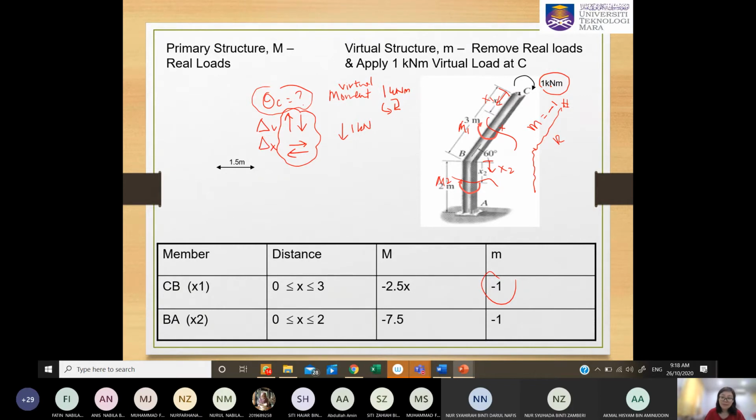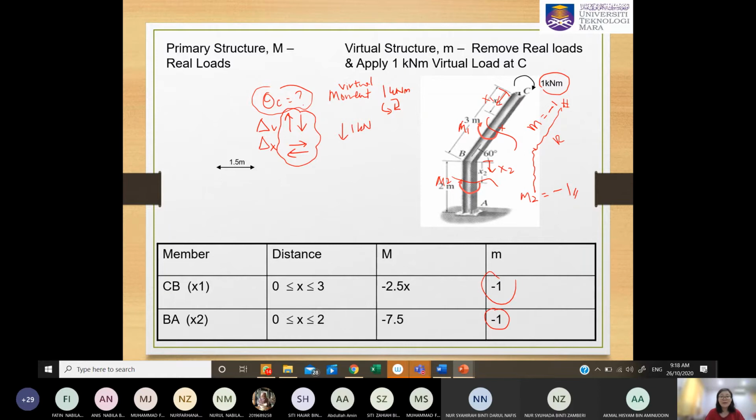Therefore my M2 is still equal to 1. And then I check my direction. This applied moment is same direction with my internal moment, same. So it is negative. So again, I get my small m value.